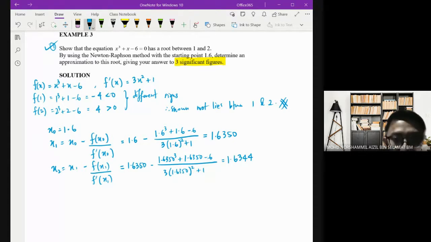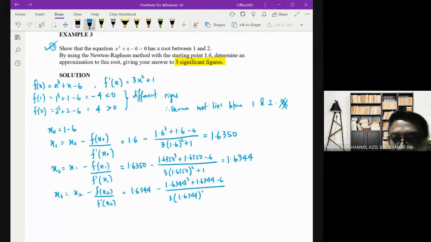So now we need to calculate x3. This will be repeated, guys: 1.6344 minus 1.6344 cube plus 1.6344 minus 6, all divided by 3 times 1.6344 square plus 1.